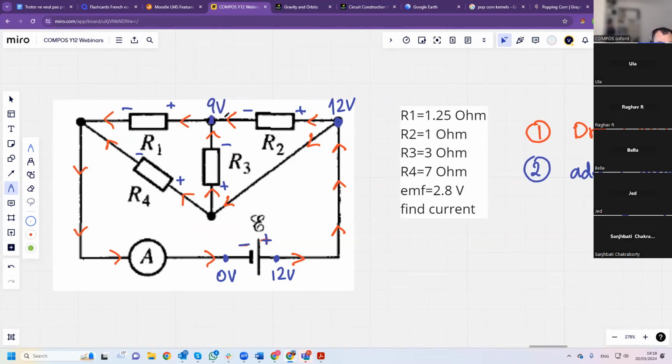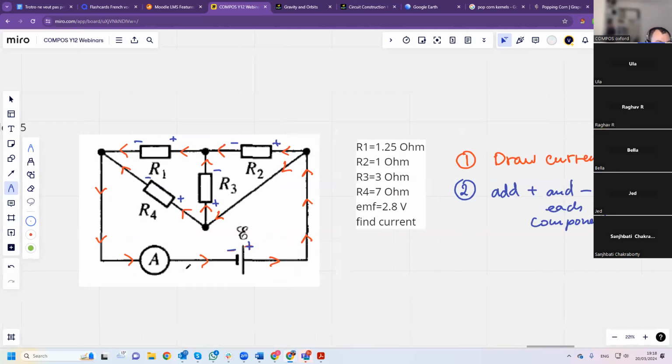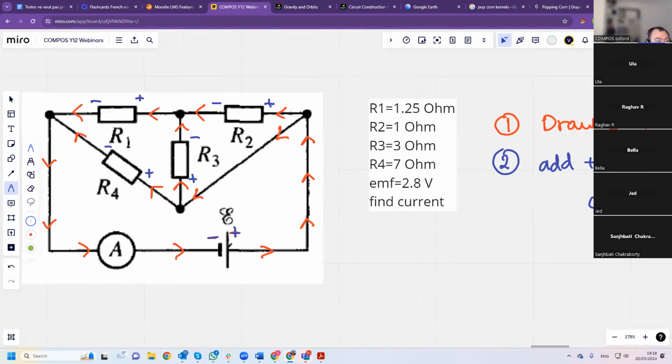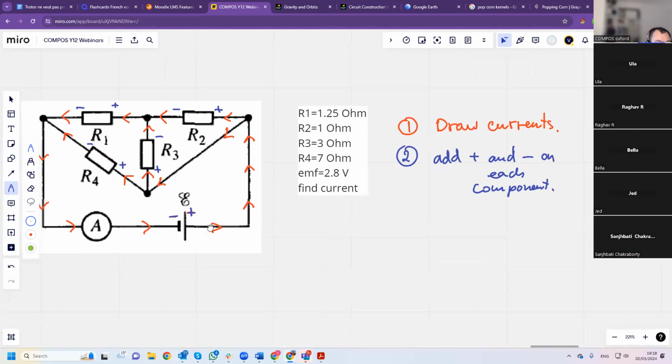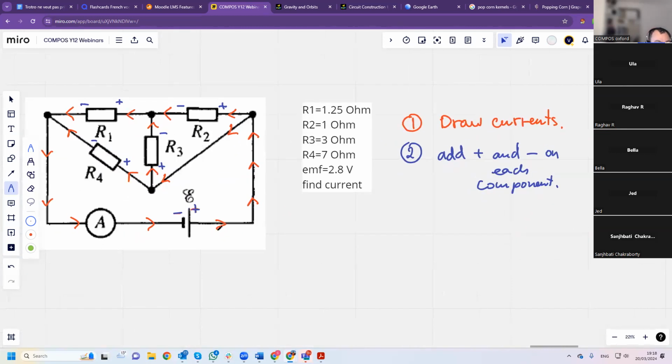So high potential, low potential, plus, minus. It doesn't have to be negative potential. It could still be plus, it's just lower. And add plus and minus on each component. Step 3.